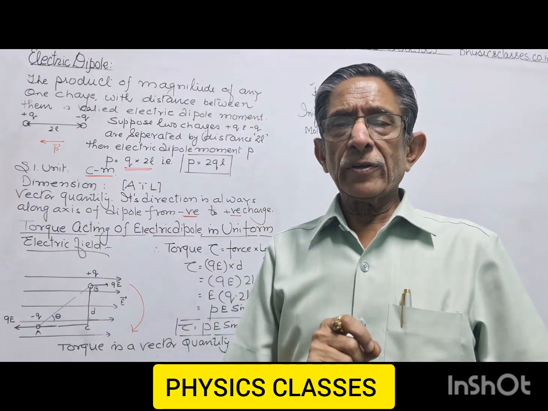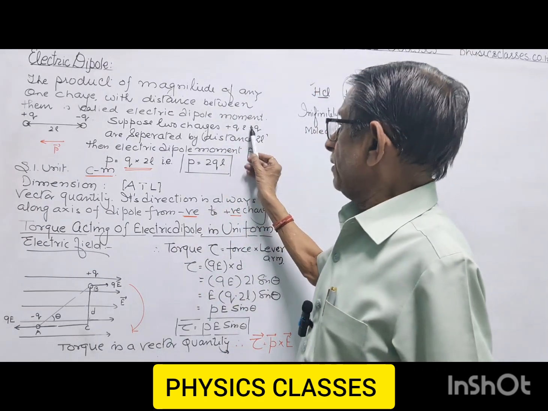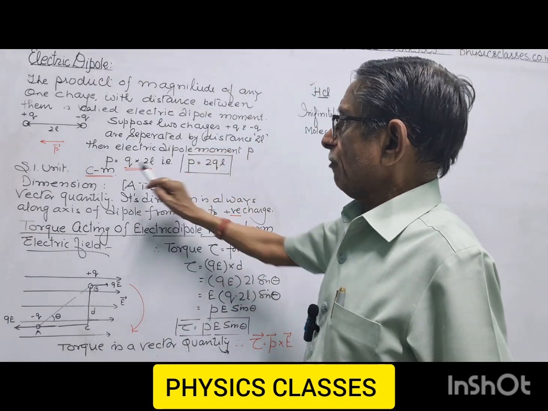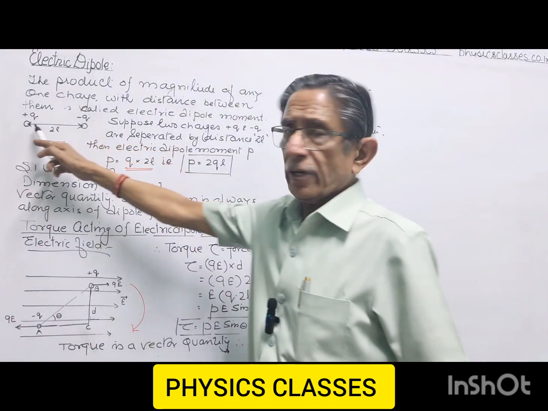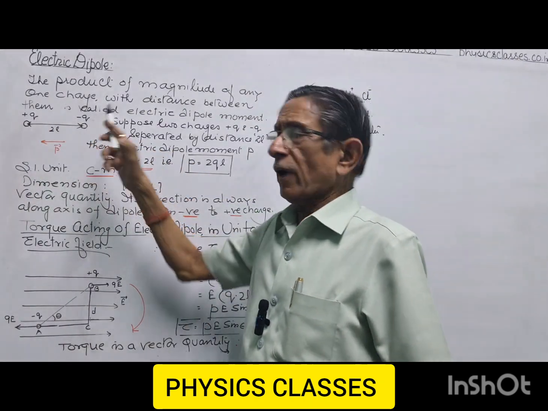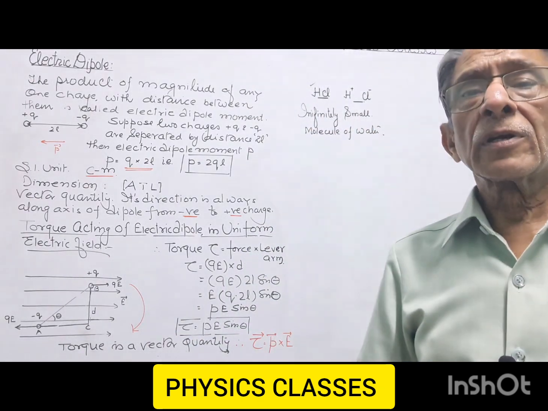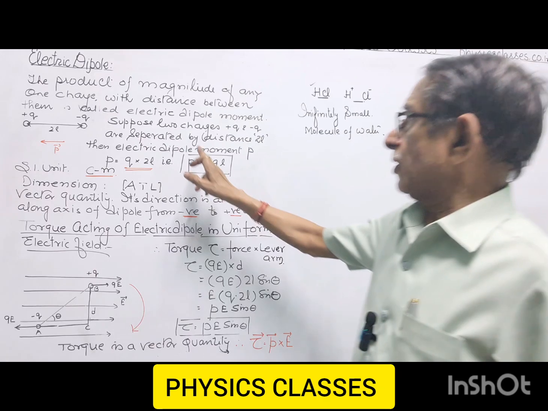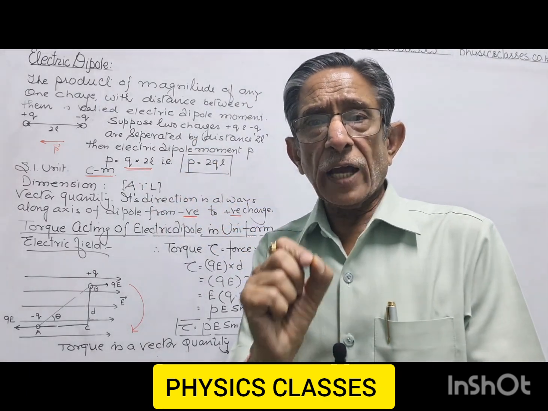Electric dipole moment is denoted by letter P. So P is called what? Electric dipole moment. So here we have considered two charges plus Q, minus Q. They are separated by small distance 2L. Then their product, that is Q into 2L, is called electric dipole moment.